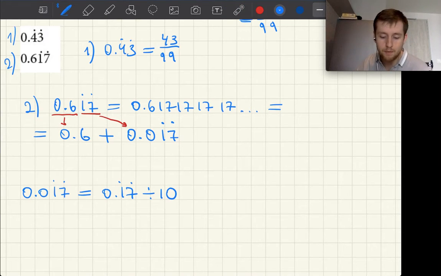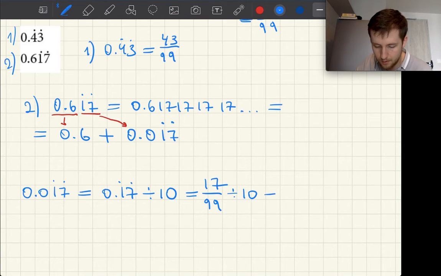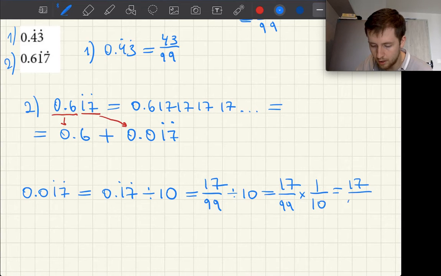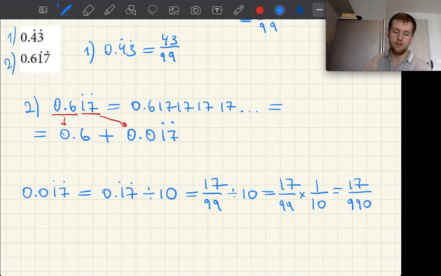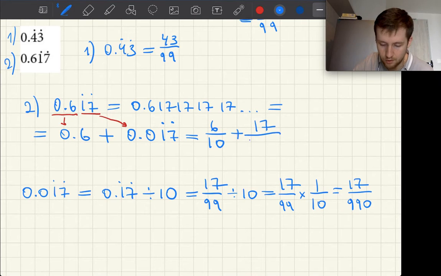So 0.17 repeating can be written as 17 over 99, but if we divide it by 10, it becomes 17 over 990. So this number altogether becomes 0.6, which is 6 over 10, and then we have 17 over 990.